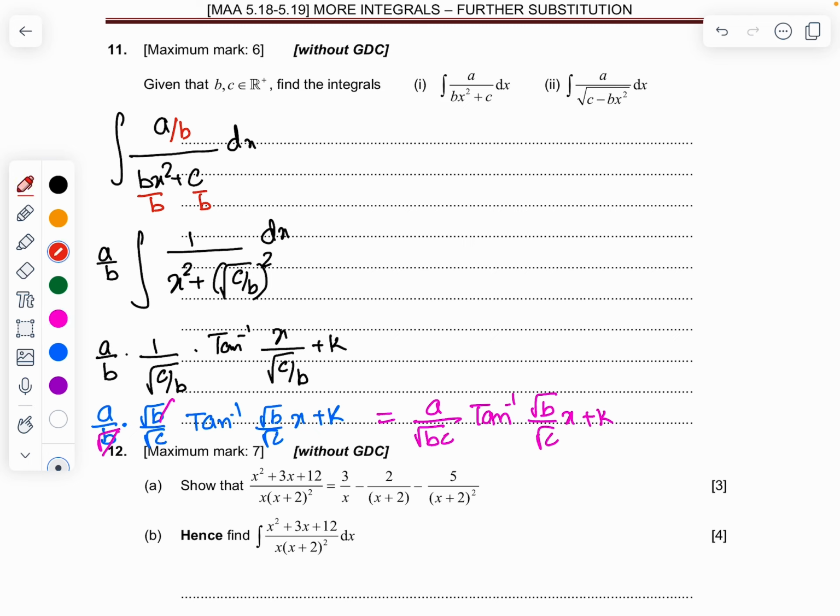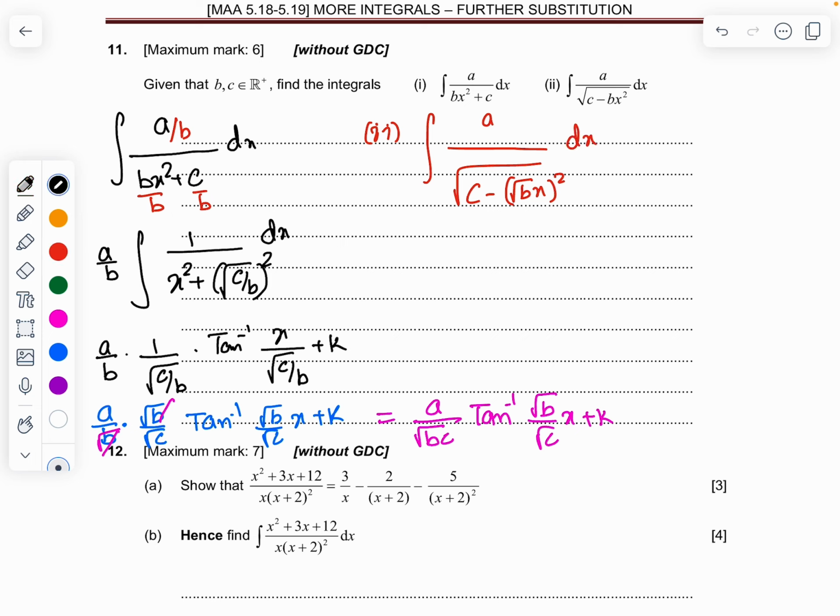Now coming to the second one. So it is integral of a upon square root of c minus, we can do it out over here, square root of b x whole square dx. Rather than dividing it out, this is the easiest method.